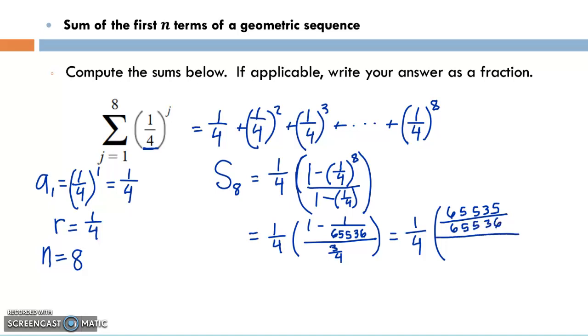Now then I'm dividing that big numerator by 3/4. Now I have to multiply my fraction straight across, so 1 multiplied by this entire fraction, and then 4 multiplied by the denominator is going to be 65,535 over 65,536. And then what is 4 times 3/4?